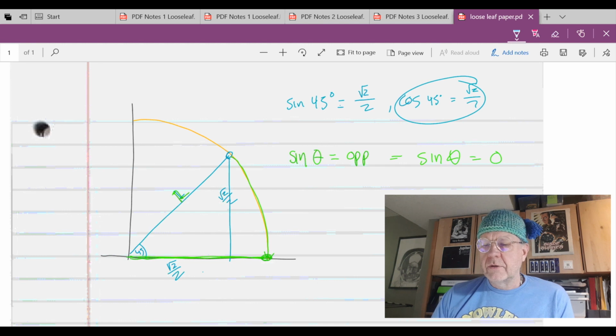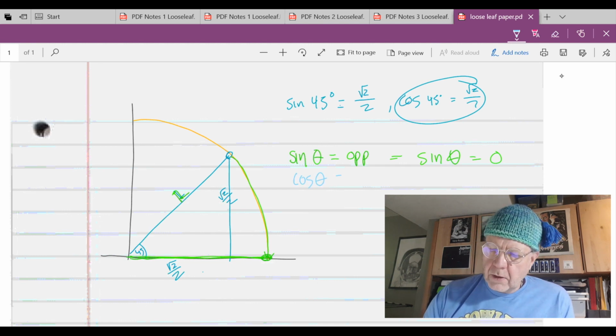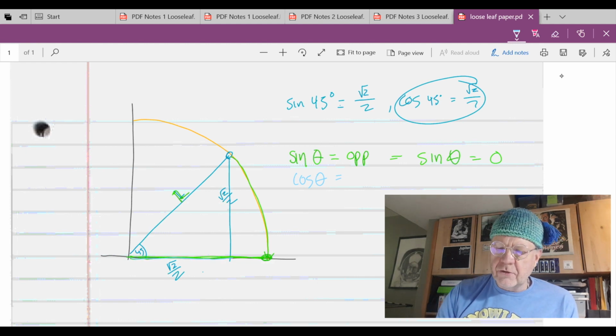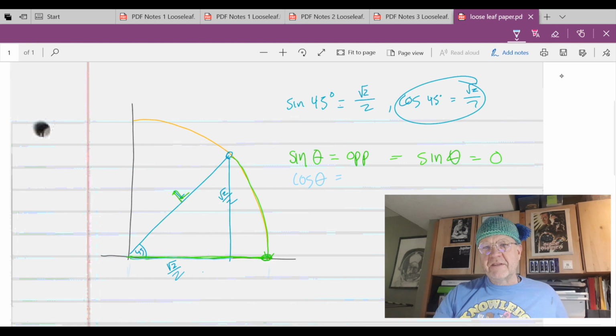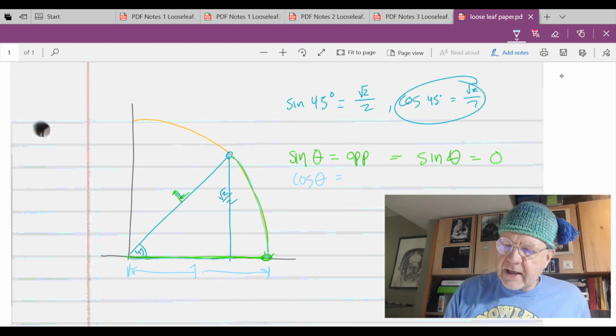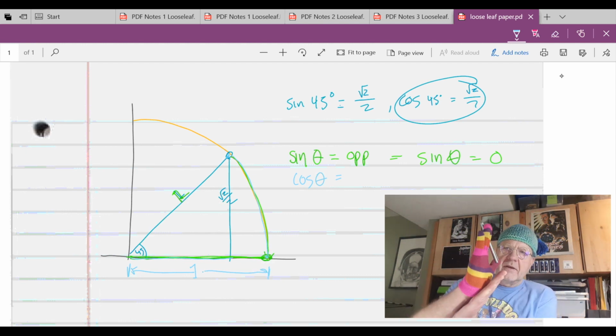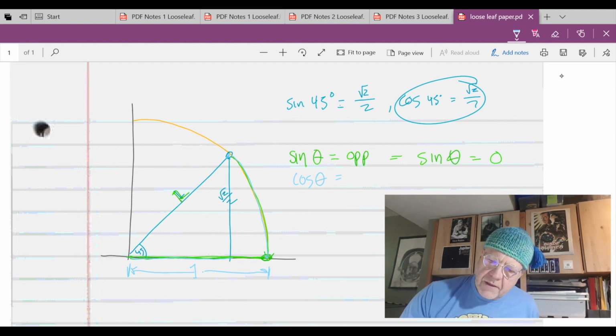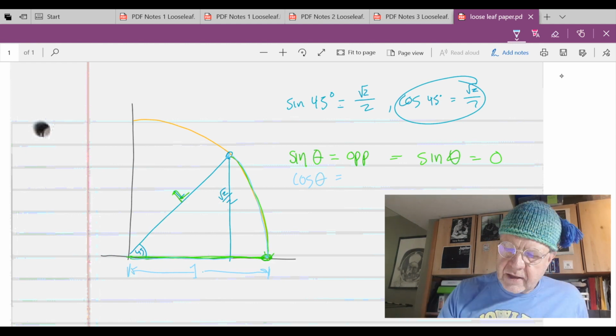How about the cosine of 0 degrees? Well, cosine of any angle, you recall, has to do with the overness, that length that James Stanton calls overness, but which we call just the running length or the baseline. And as this arc comes down, then this distance is also 1 unit.